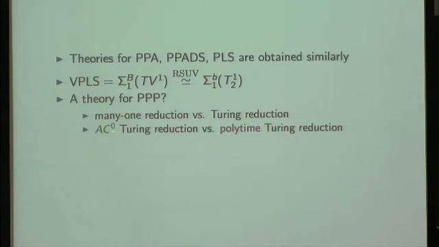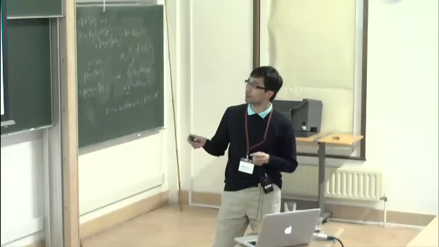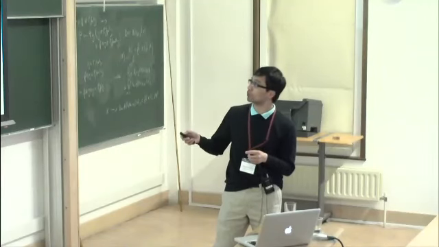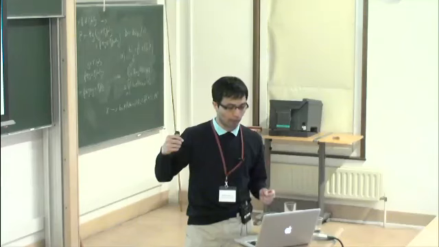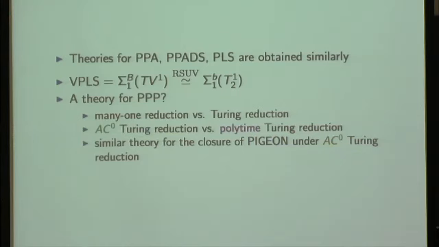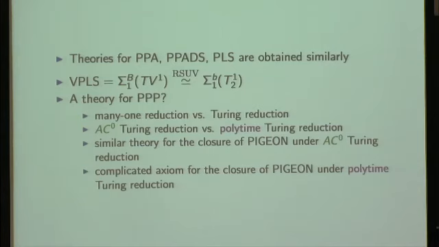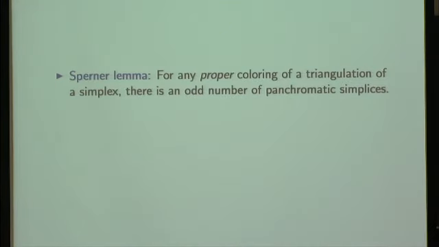For AC0 reduction, we can only make constant nested depth of oracle queries to the problem, while here the depth of oracle queries can be polynomial. So we can obtain a similar theory for the closure of this problem under AC0 Turing reduction, and we can also obtain another, stronger theory for the polytime closure of the problem.